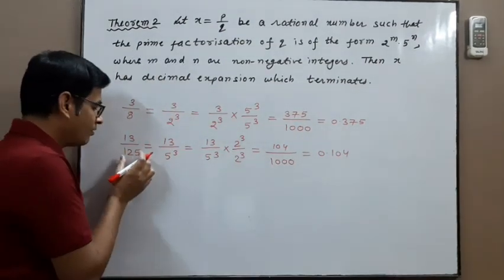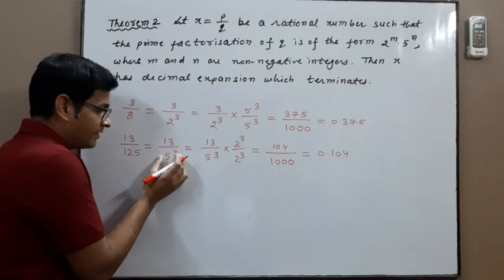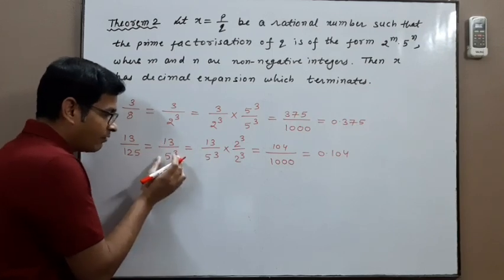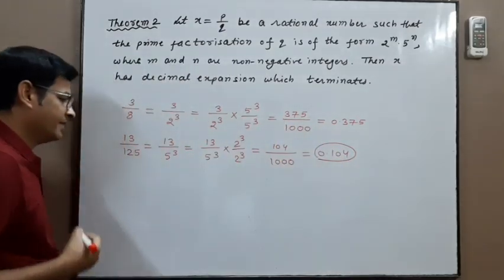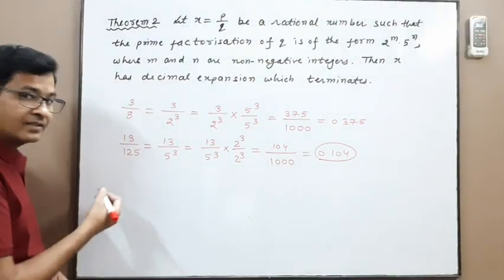Again, the prime factorization of the denominator is 5 raised to the power 3, meaning only a power of 5, so the decimal expansion terminates. Now take another example.